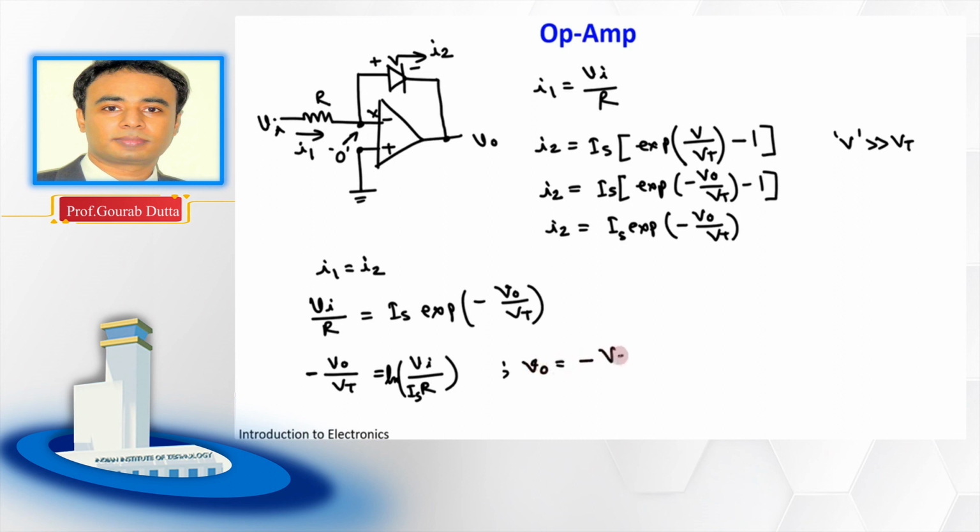V output is minus Vt ln of Vi by Is into R.